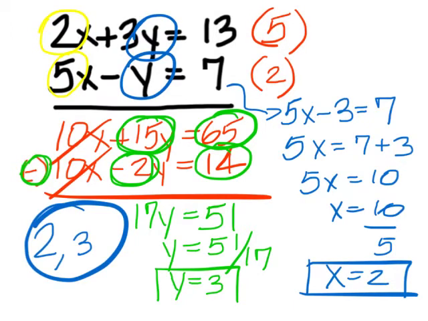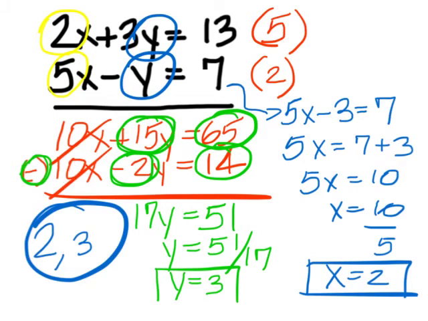Here's a quick review. These two numbers find the least common multiple. It's 10. So whatever you have to multiply this number by to get 10, you multiply the whole equation by that number. And then you have to multiply this 5 by 2 to get a 10, so you multiply the whole equation by 2. When you do those multiplications, you rewrite everything down here.